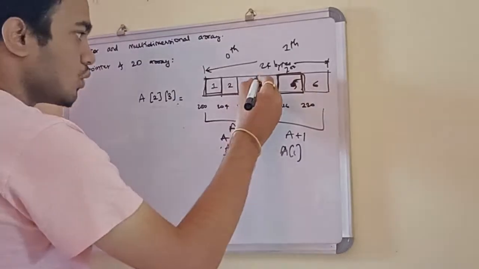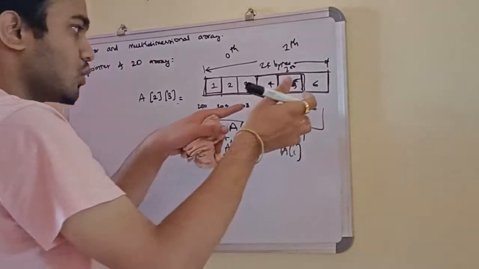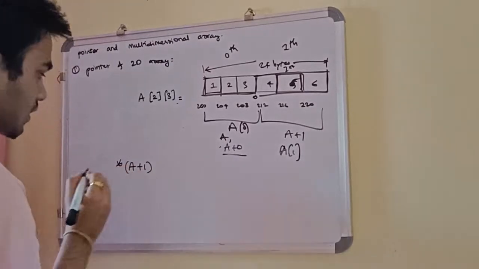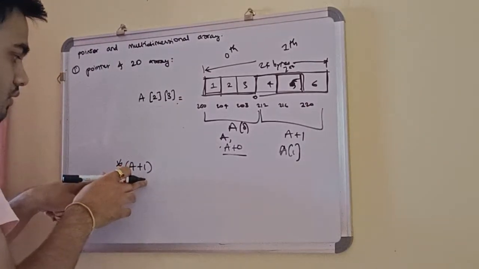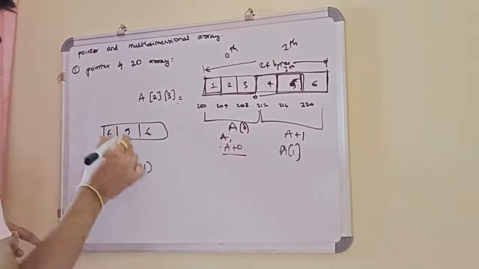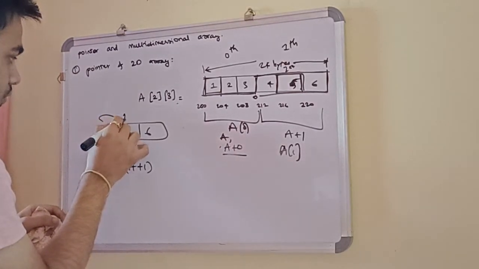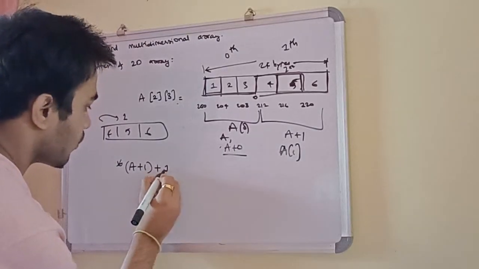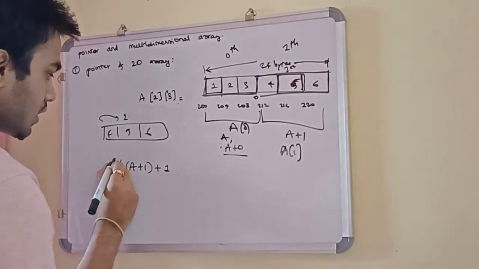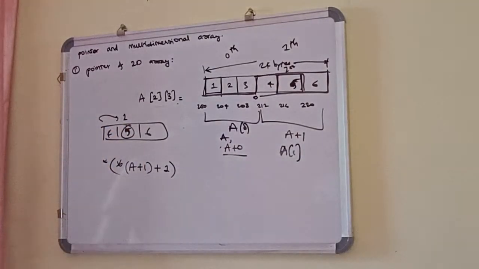First we have to go to this block, and for that we can write a plus 1. So we have gone to this address here. Now we have to go into that array, so we dereference it. After dereferencing, we have got the array, that is 4 5 and 6. Now in that we have to go to the first index, so I can write plus 1, and again dereference it so that I can get the value at this point. So this is how it works.